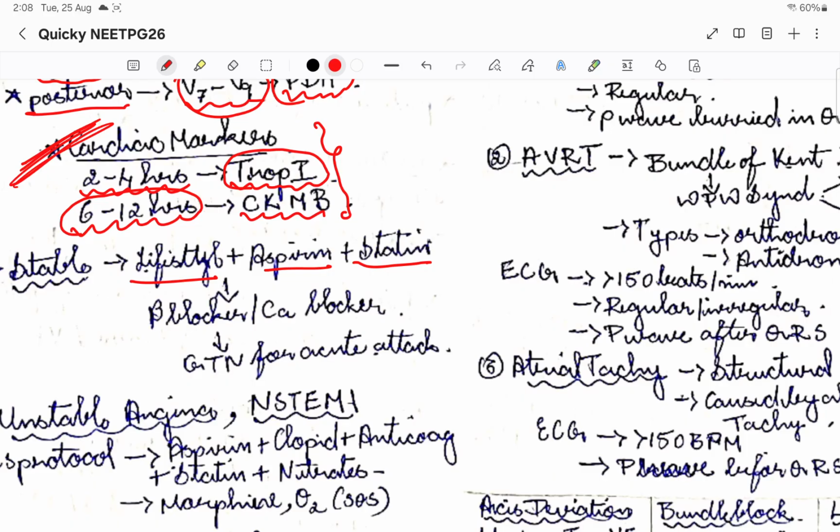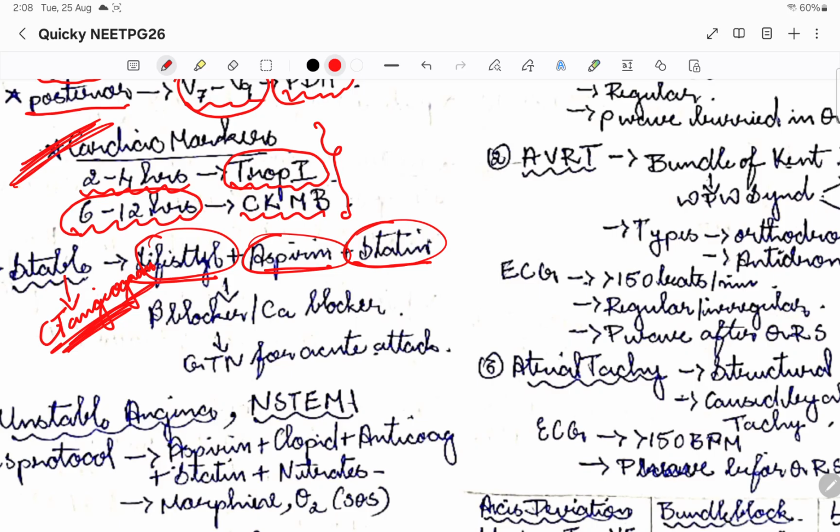Then I'll ask him to do a CT angiogram to rule out any further damage, and the treatment is based on the amount of damage that has happened in the coronary arteries.